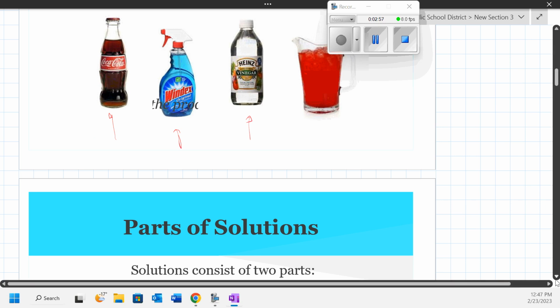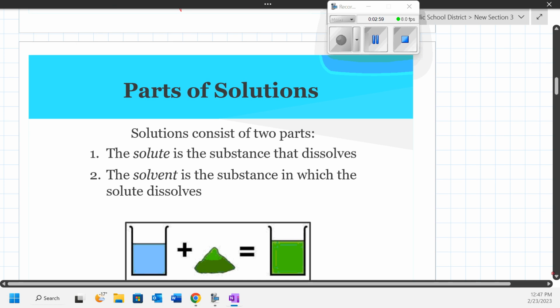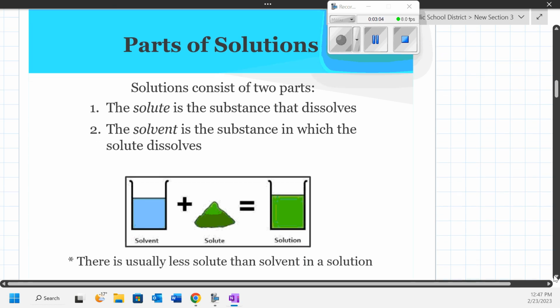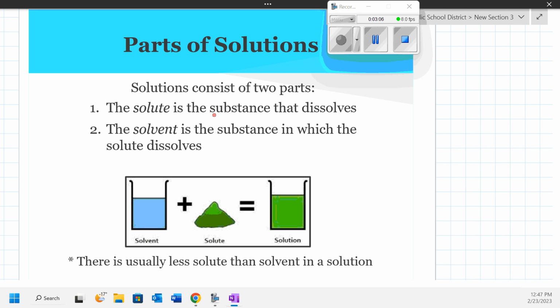And in every solution, what do you have? There are two parts. The solute, which is the substance that dissolves, and the solvent. When they are mixed together, what they are forming is a solution.